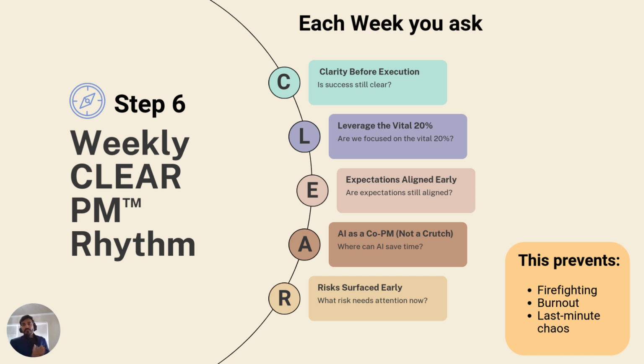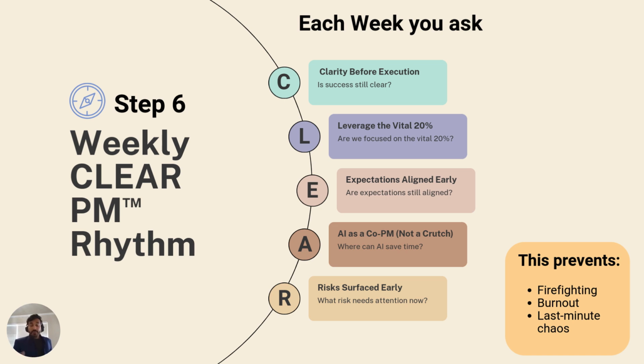Yes. So what I generally do is ask these questions to myself and even my project team. Is success still clear? Does everybody know about the outcome that we are looking for at the end of this project? Are we focused on the 20%, or are we still focusing on the 100%? Are our expectations aligned? Does everybody know what is going to be done and what is not going to be done?